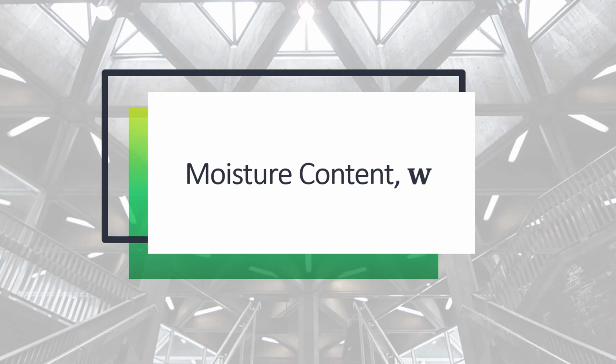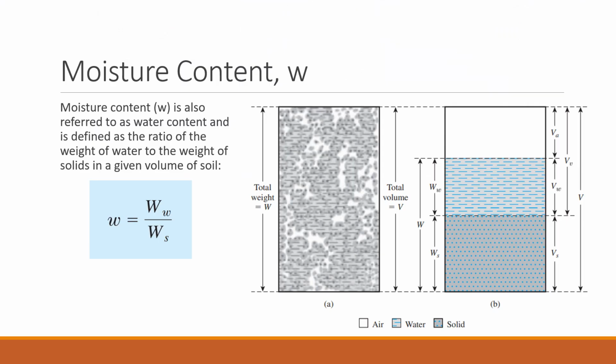So now another physical property of our soil is the moisture content, denoted by small letter w. In dealing with problems related to soil mechanics and the determination of the physical properties of soil and even the characteristics of soil, classifying soil, moisture content really plays a vital role.